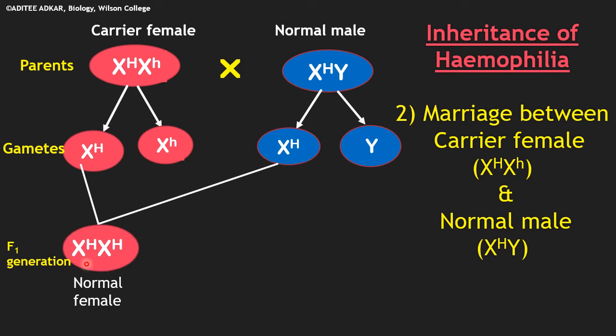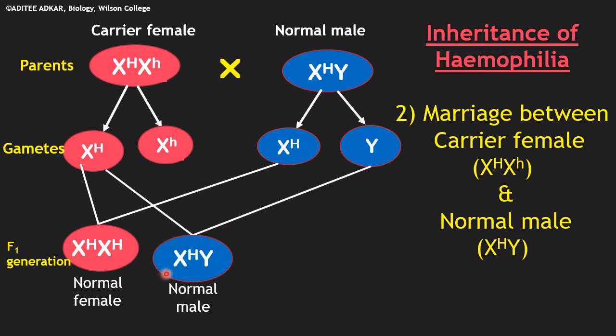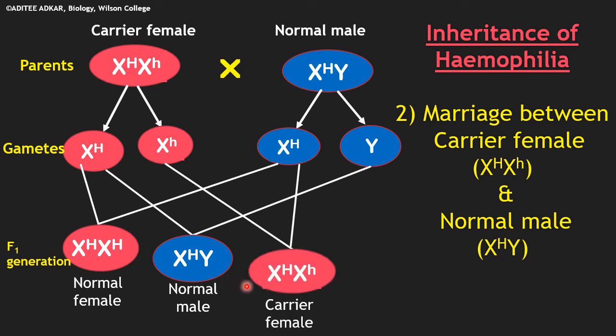The first one here is a normal female, as both the X chromosomes are showing the dominant gene. The second one is a normal male, as the X chromosome shows the dominant gene. The third possibility is that of a carrier female, as one of the X chromosome has a dominant gene and the other one has a recessive gene.